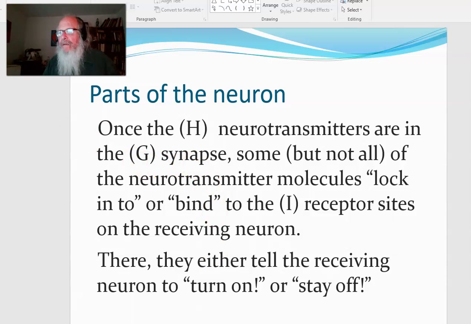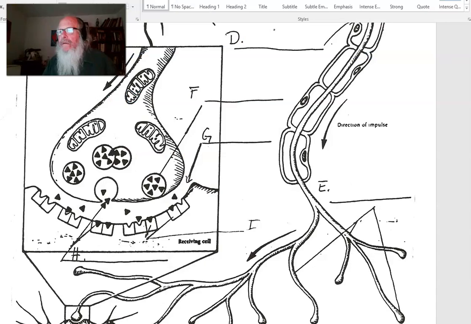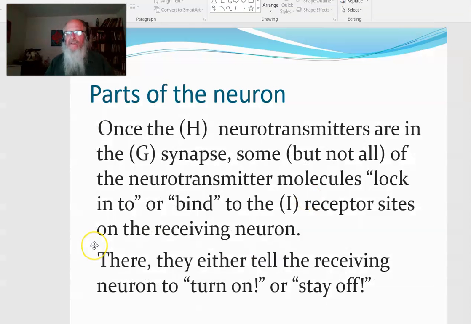Once the neurotransmitters bind into the receptor sites, they're telling one of two messages to the receiving neuron. And those two messages are either turn on or stay off.